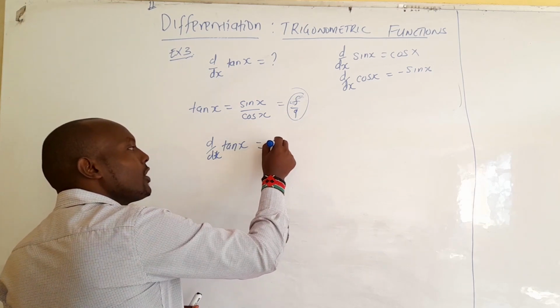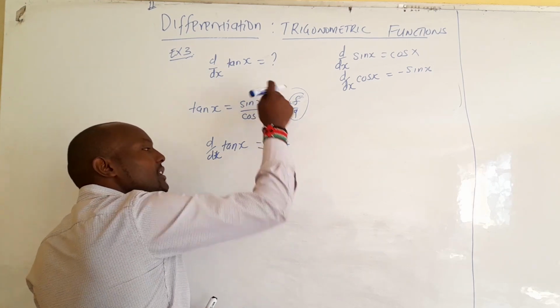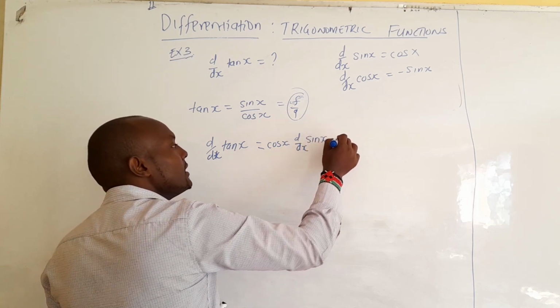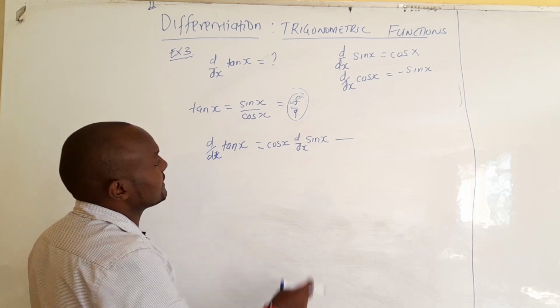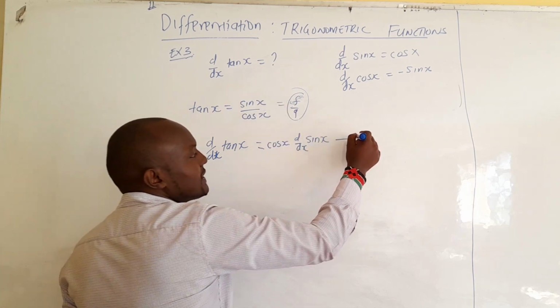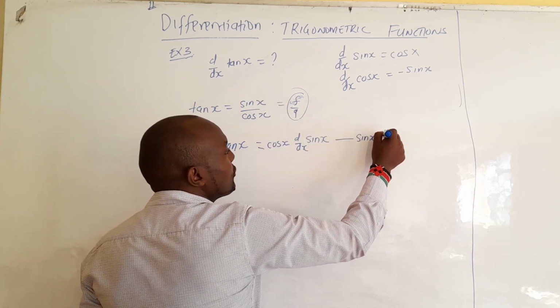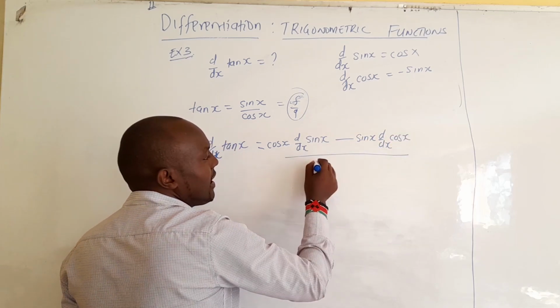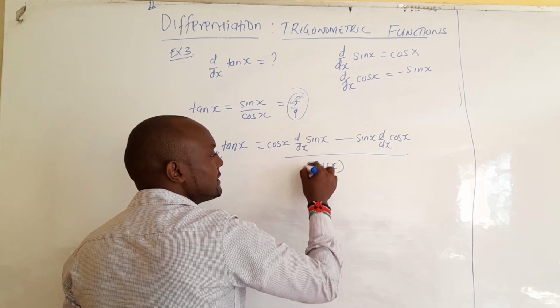So we hold cos x constant, we differentiate the numerator, minus, now you hold the numerator sin x constant, you differentiate the denominator cos x, all over cos squared x.